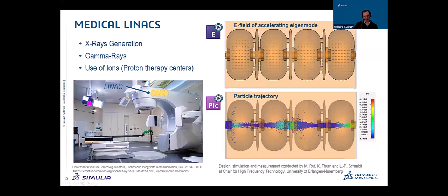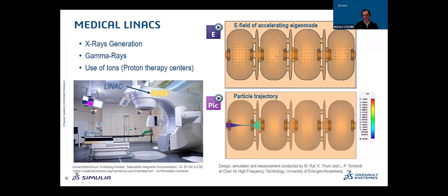You have an electron gun somewhere, and this electron gun introduces particles which are then accelerated through the linear accelerator. Then they hit a target to produce X-rays or gamma rays, depending on what you are interested in for the diagnostics and so on that you would like to perform afterwards.